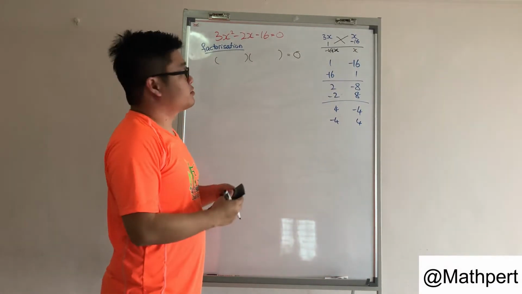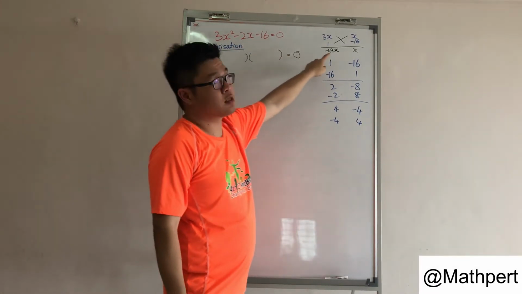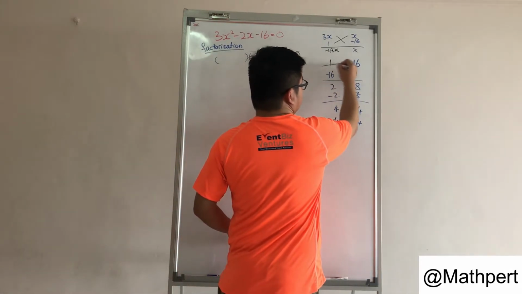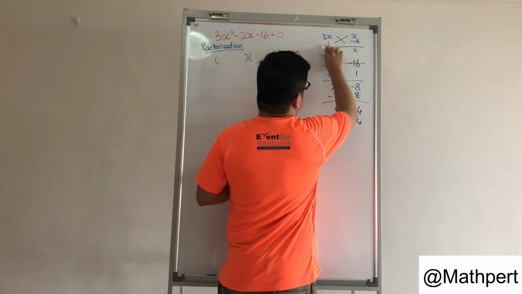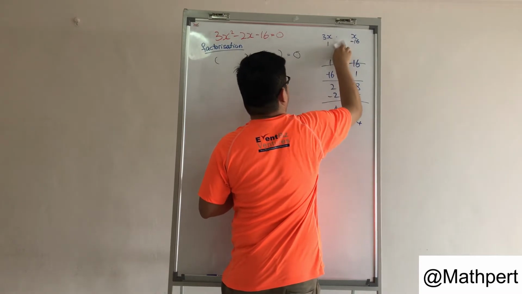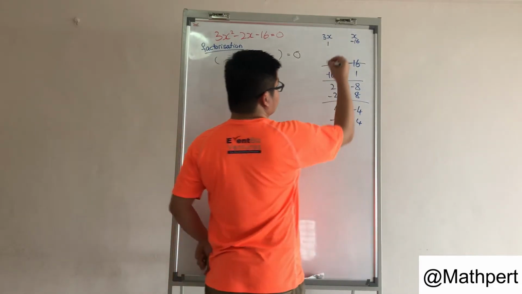We are supposed to get negative 2x, but this is negative 47x. So this cannot. How about another one, below: negative 16 and 1.